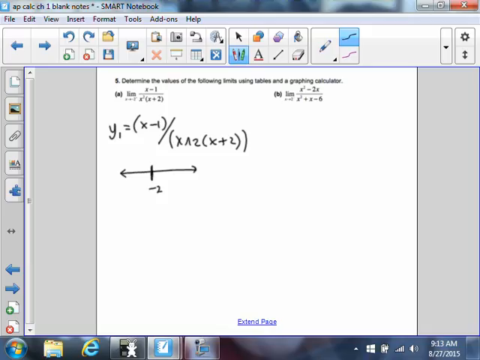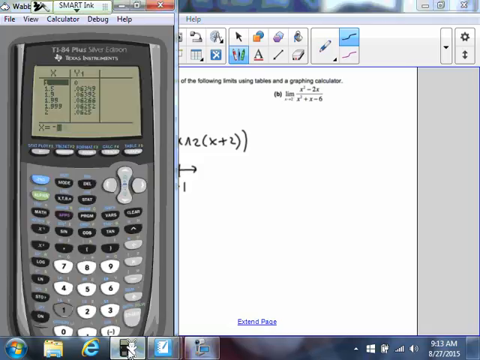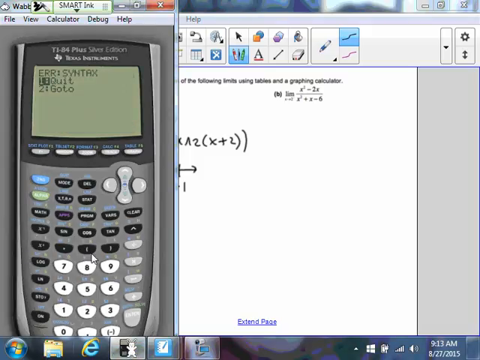So if I'm approaching from the right, then you want to plug in -1, -1.5, -1.9, -1.99, and you're just going to continue to get closer and closer to the -2. Okay, so on your table, let's plug those in. So we're going to do -1, -1.5.